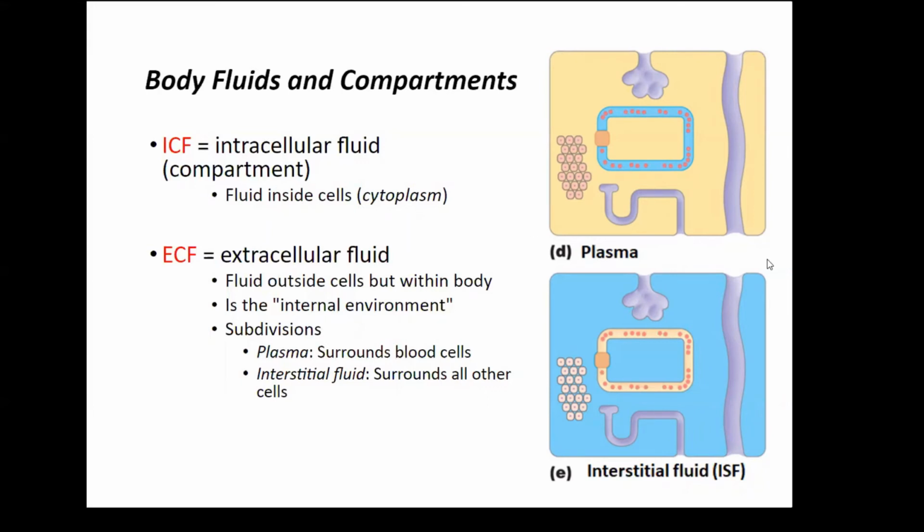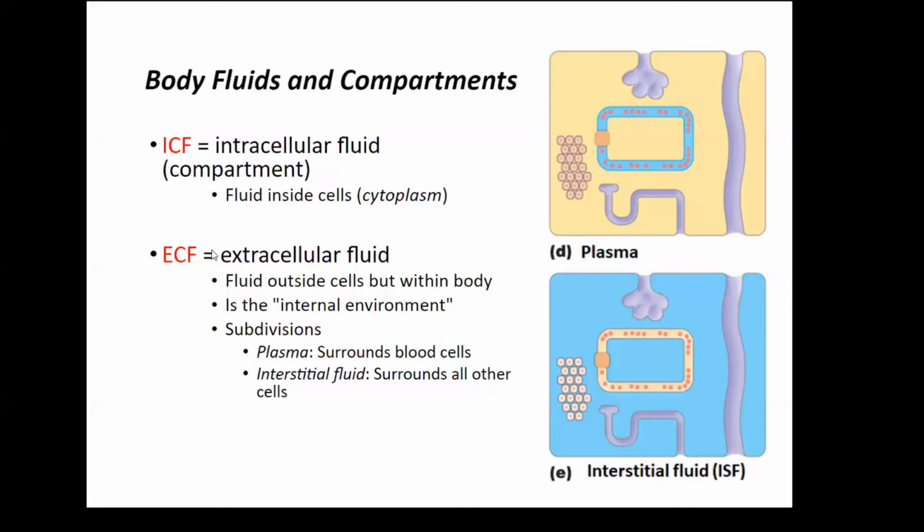But we're not done once we get our division between intracellular fluid and extracellular fluid, because we have two special kinds of extracellular fluid. So this intracellular component is basically done. We have our cytoplasm inside our cell, but when we get to extracellular fluid, we want to be a little more specific.